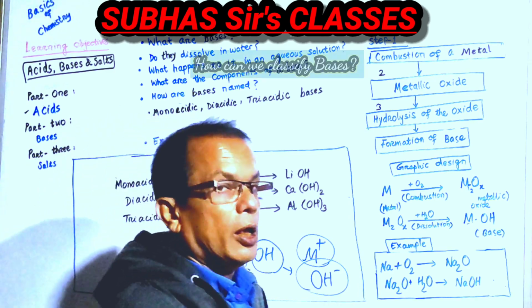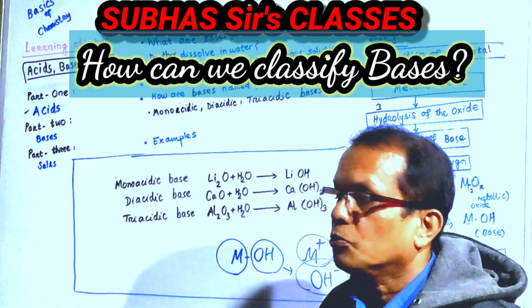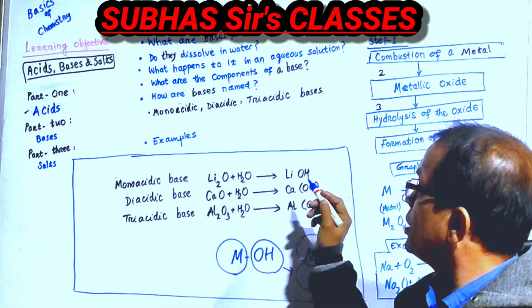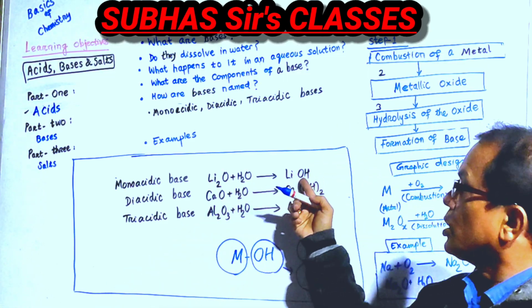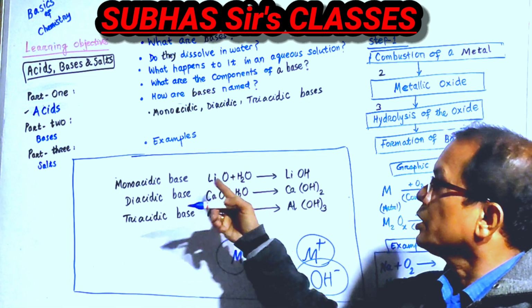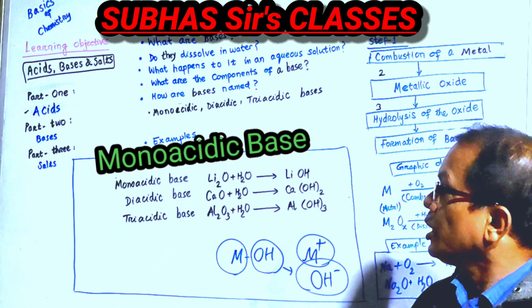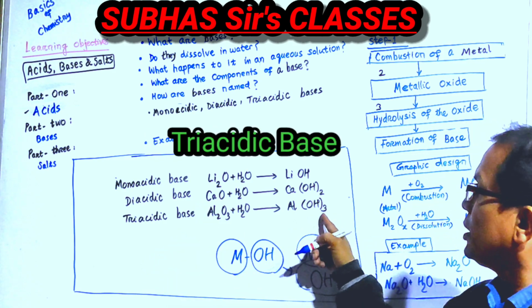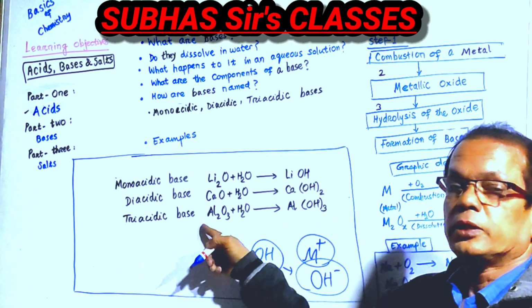So how can we name the bases? The bases can also be of at least 3 types. If the base gives 1 OH minus ion in a solution, then it will be a monoacidic base. If it gives 2, then it will be a diacidic base. If it gives 3, then it will be a triacidic base.